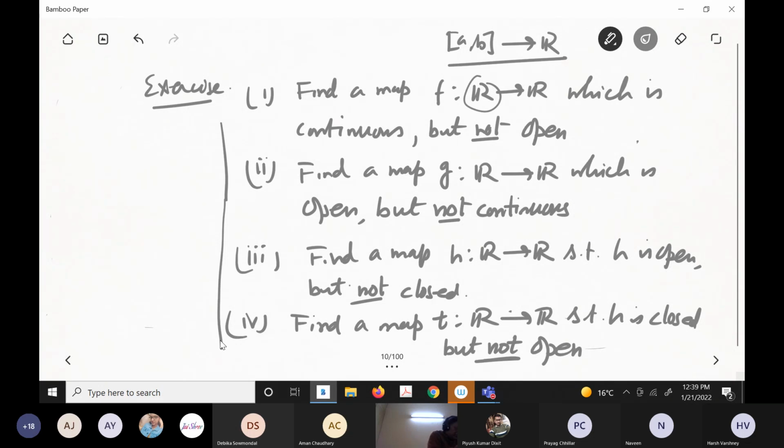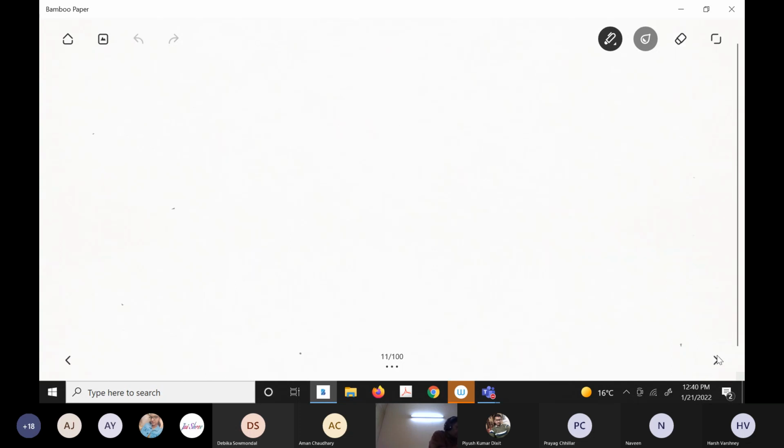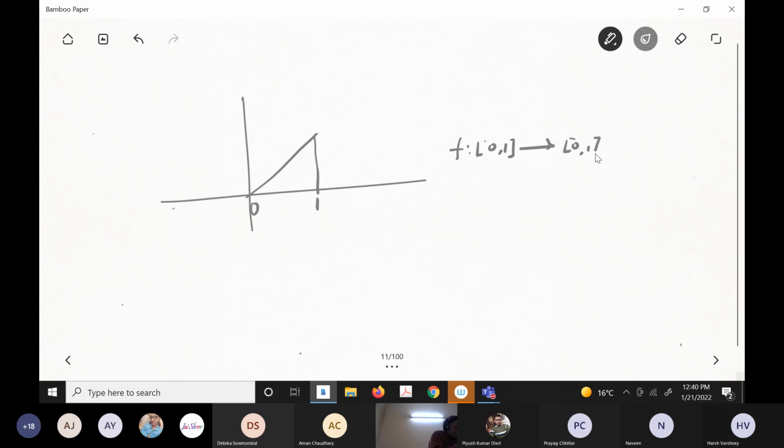Look at high school geometry and coordinates, how we do it on that. You should be able to do it on that. Like, look, what does it mean? First of all, y equal to x. Suppose you take 0 to 1. It's a map, so you get a map. I'm just giving an example, x to x.